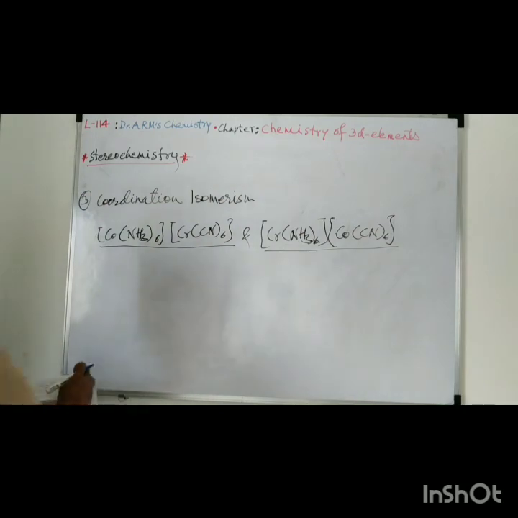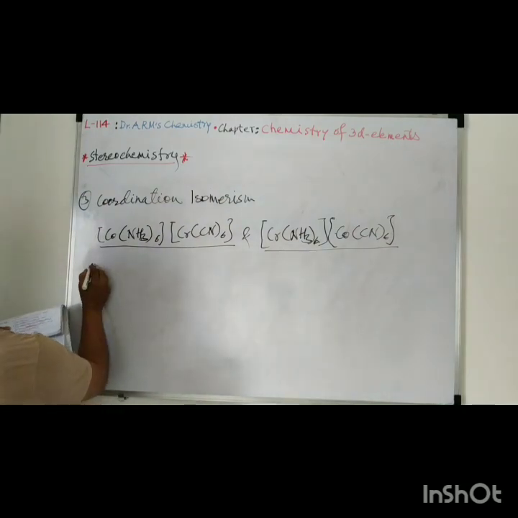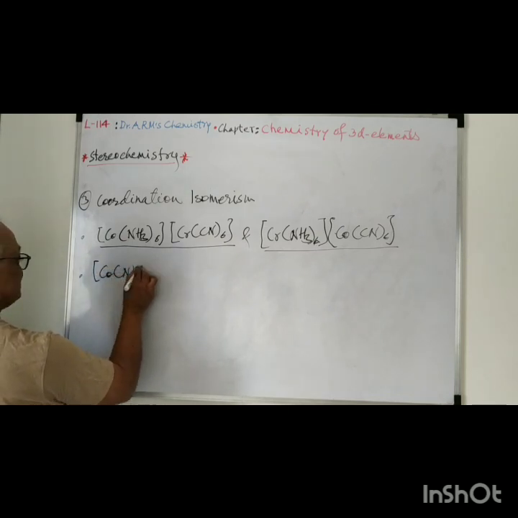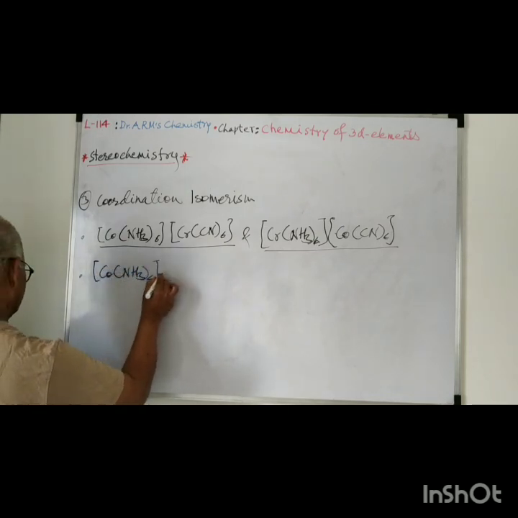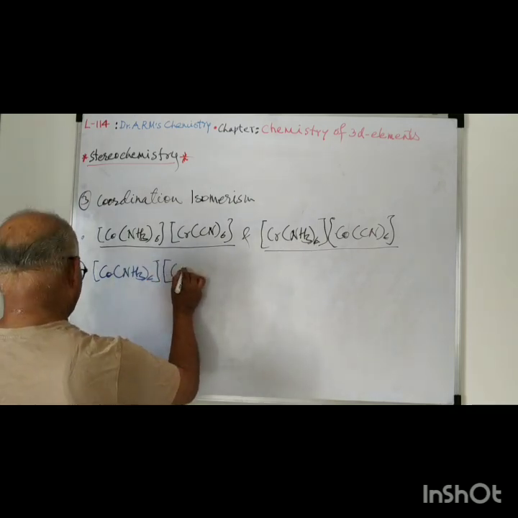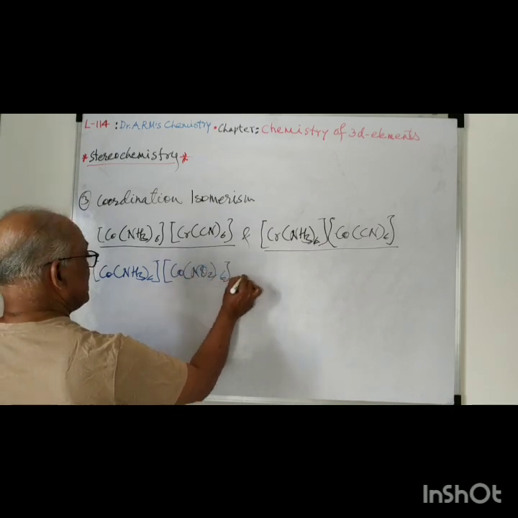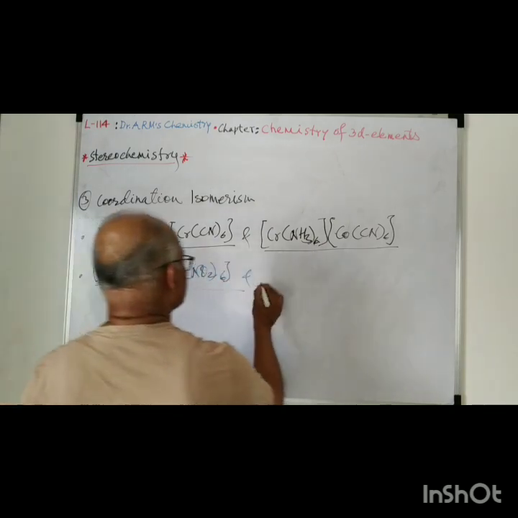In this way we can have other examples. So this is one example we can see. Another example is like this: [Co(NH3)6]3+, and this is neutralized with [Co(NO2)6]3-, and so this is one isomer.